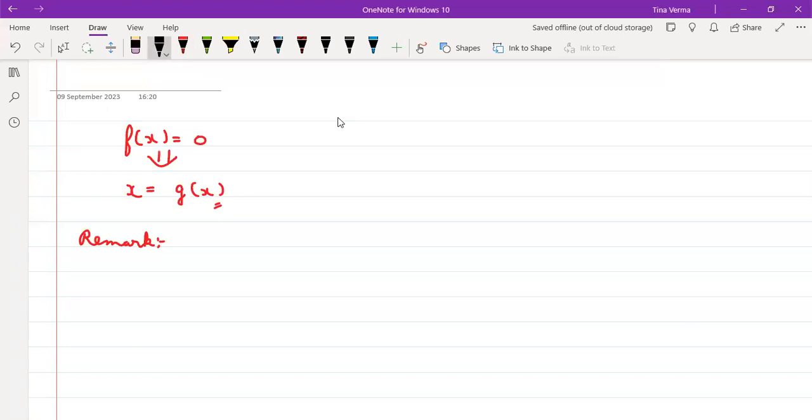and we have also shown that the order of convergence of fixed point iteration method is 1.